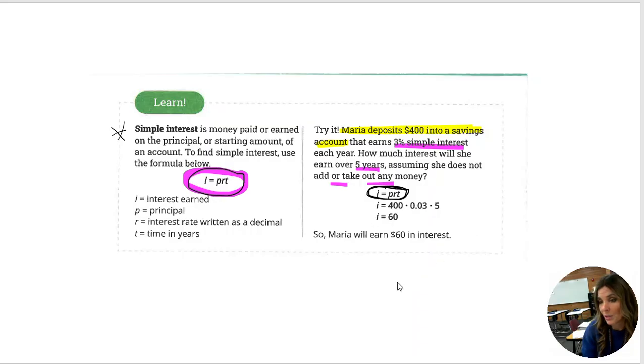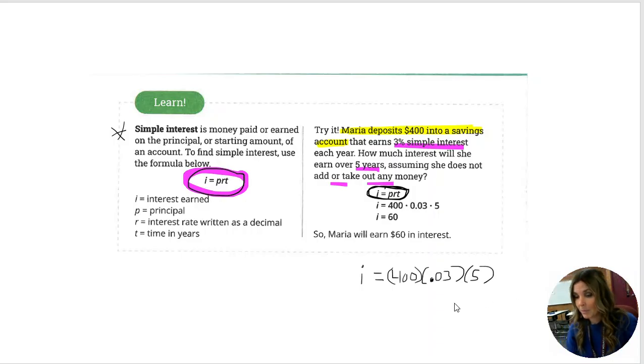So you're going to evaluate. We want to know what the interest is if the principal, which is $400, is multiplied by the rate, and whenever we're multiplying by a percentage, which is 3%, we change that to a decimal, so that percent is going to be 0.03 as a decimal, and then the time in years is 5 years.